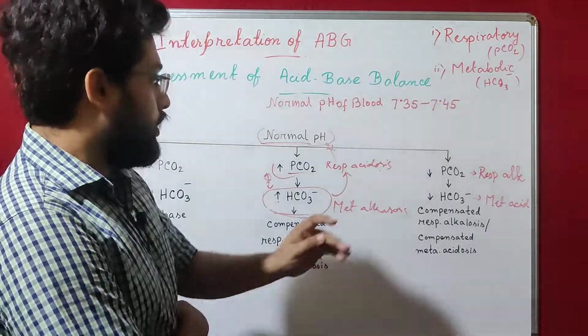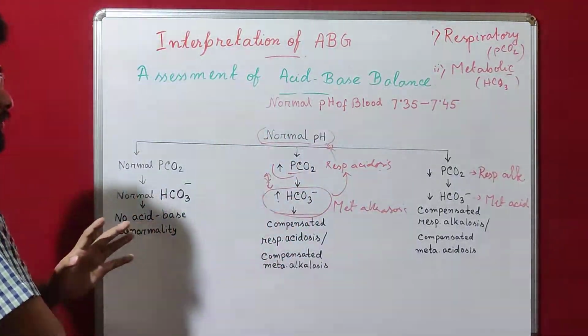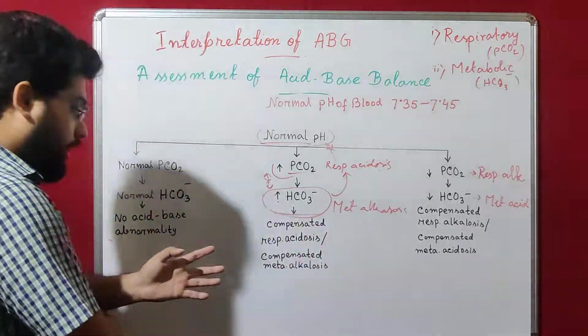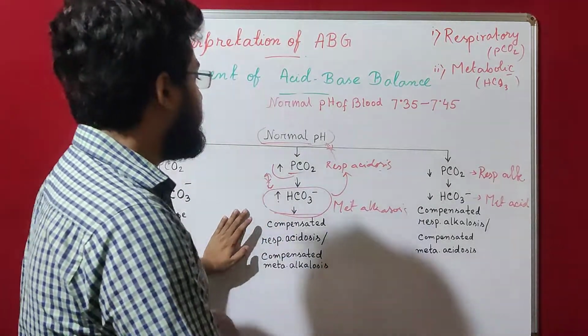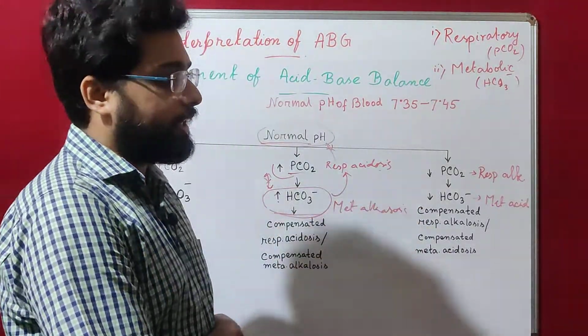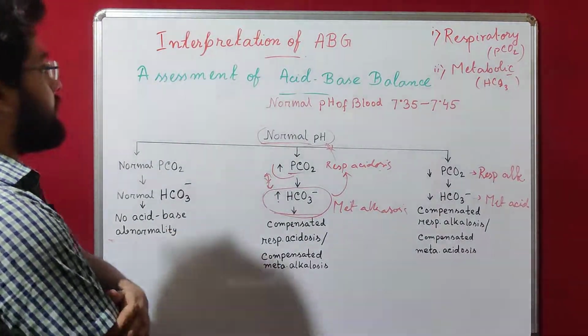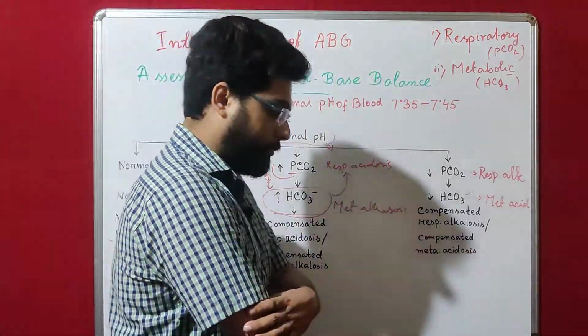That is not true. It obviously takes time. So in critically ill patients who are ill for a long time, in those cases we will see this complete compensatory mechanism. So this is all about the assessment of acid-base balance from an ABG report.